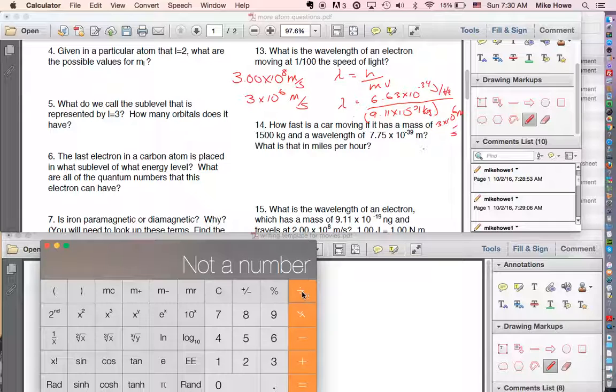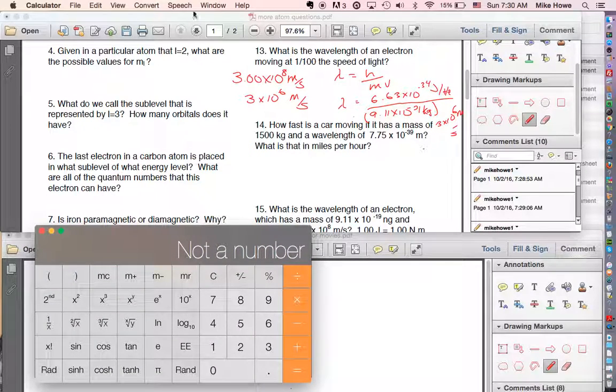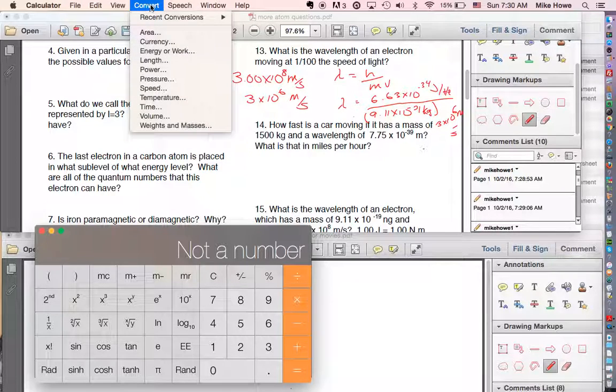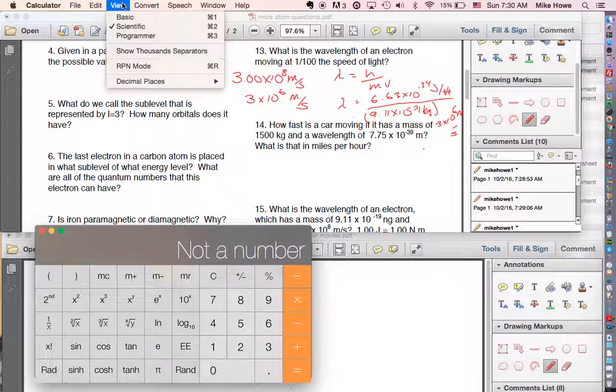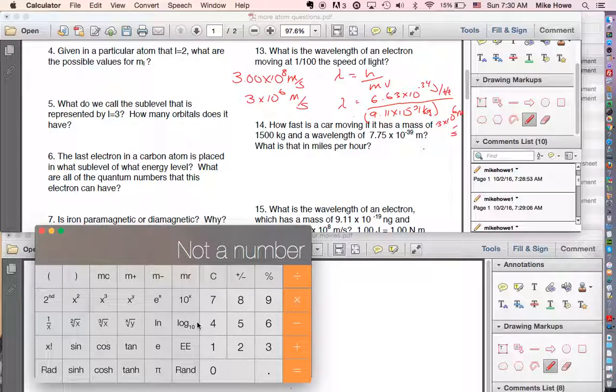Uh-oh. Oh, that's kind of weird. Why is it not a number? It is a number. So 6.63 EE negative 34th divided by not a number.